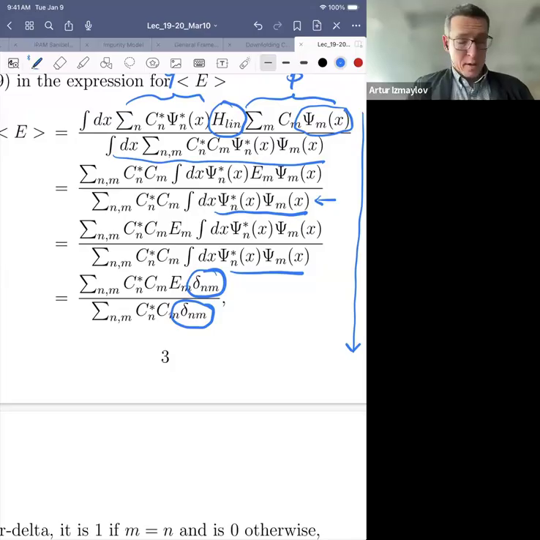Does anybody remember what these symbols are? Do you need a little reminder, or do you remember? They are called Kronecker deltas, and they are 0 when n is not equal to m, and 1 when n equals m.